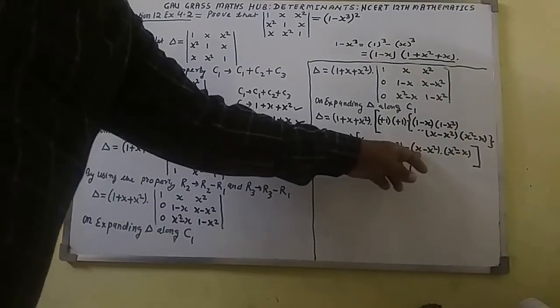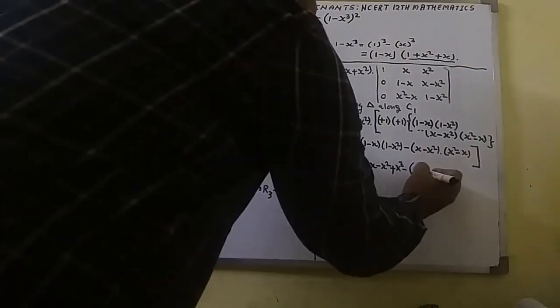This one x will multiply to x square, here we will get x cube.